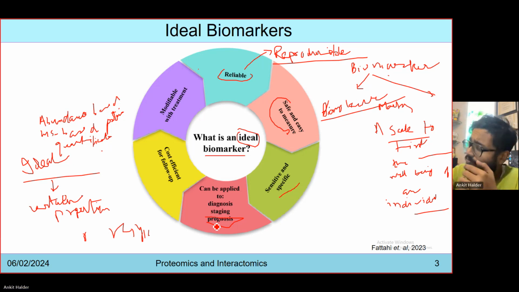But, if a certain marker, I'll just give an example.